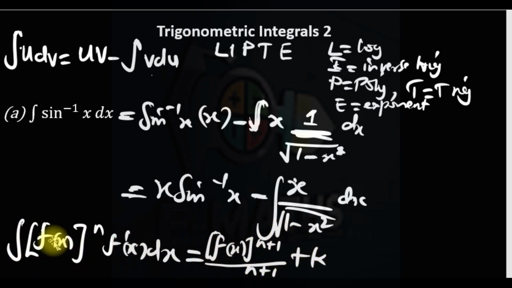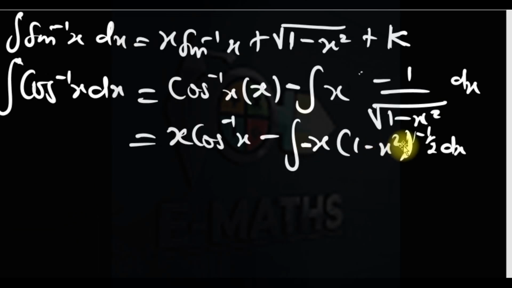If you notice that you are asked to integrate a product such that one factor is the derivative of the inner function of the other, the answer is just to add 1 and divide by the result. I noticed that if I differentiate minus x squared, I have minus 2x, but what I have here is minus x.